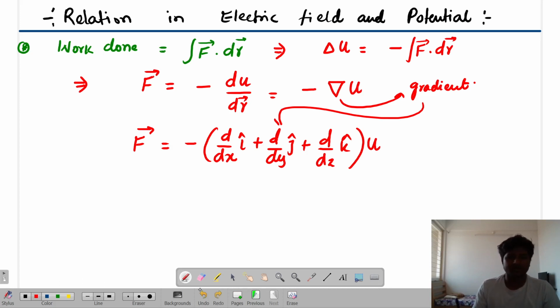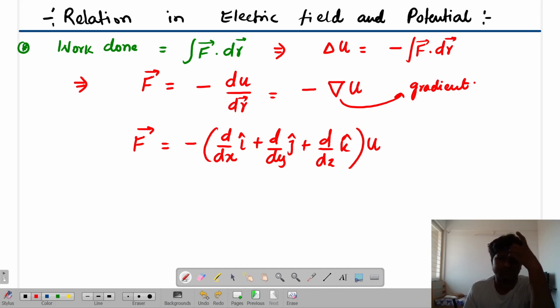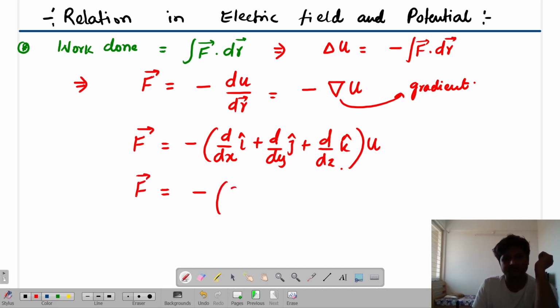Okay. So remember that. See, this is a formula. You have to just remember it like a formula that I'm writing d by dr vector, but r can take three different values x, y, z, and potential energy is a scalar quantity. So that is why it is given a vector form, and it can be called a gradient vector. Are you able to get me or not? So this is why this is written as minus of dU by dx i cap, dU by dy j cap, and dU by dz k cap.